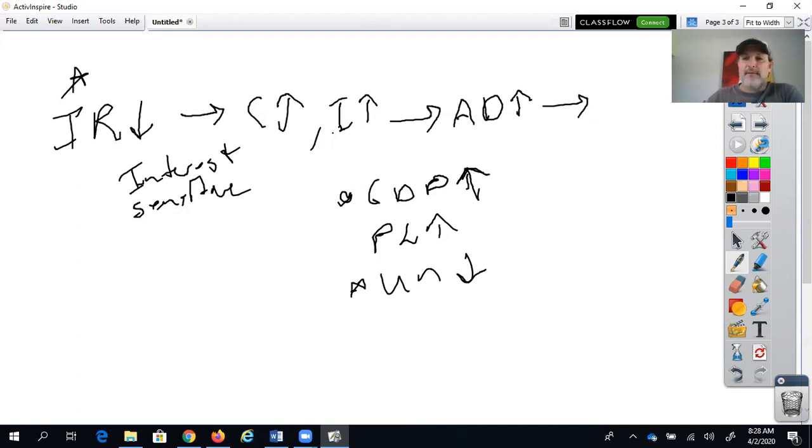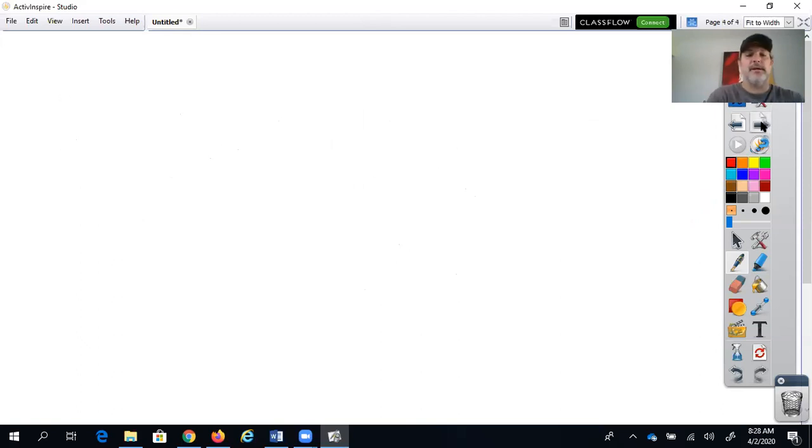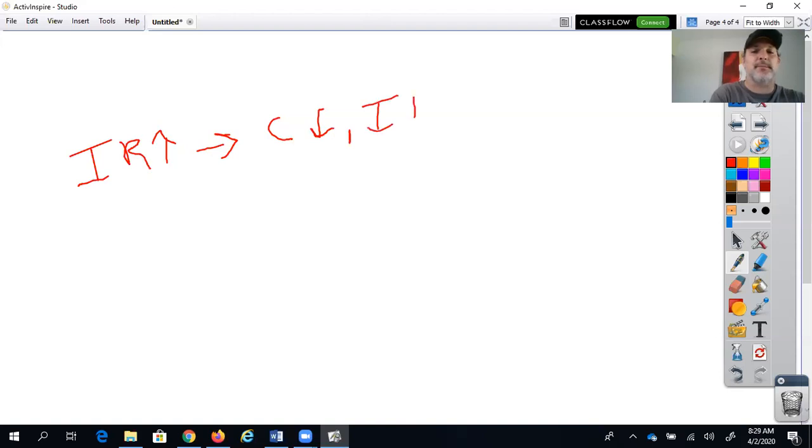And obviously, if we're trying to hurt the economy, it just reverses it. So the reverse would be the Fed raises interest rates. Interest sensitive expenditures decrease. C spends less money. People spend less money. Businesses spend less money.